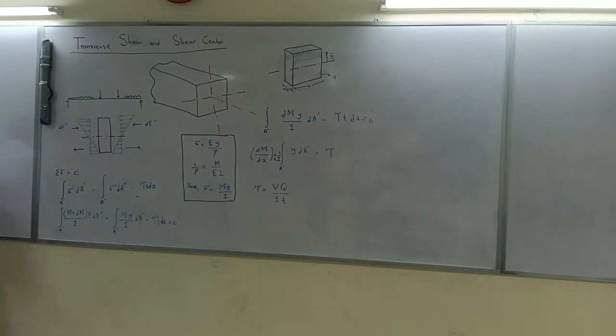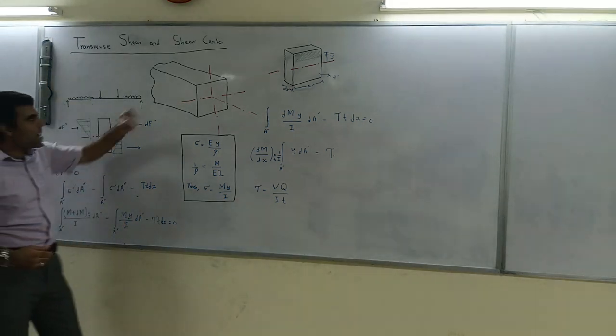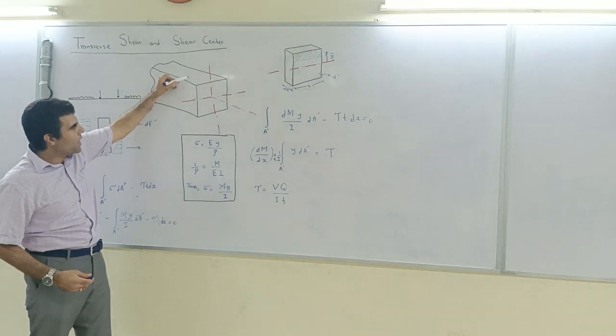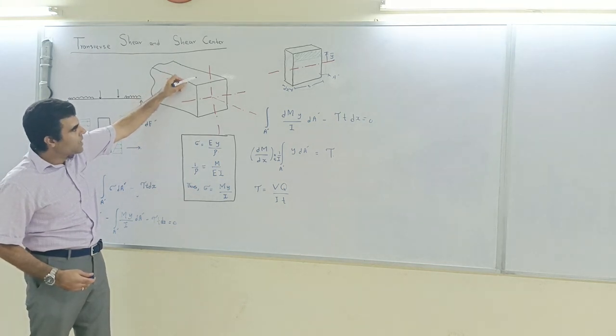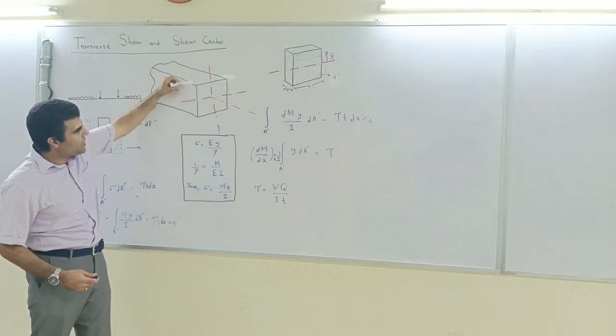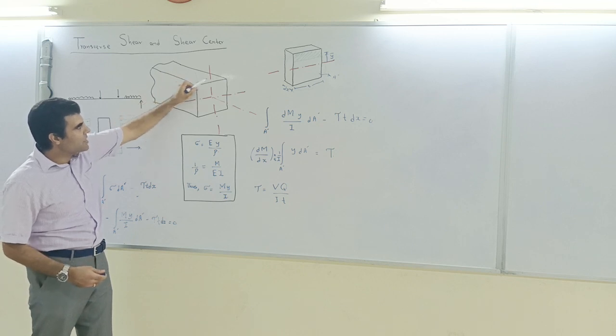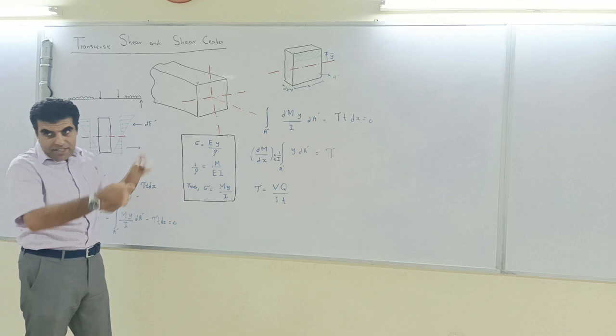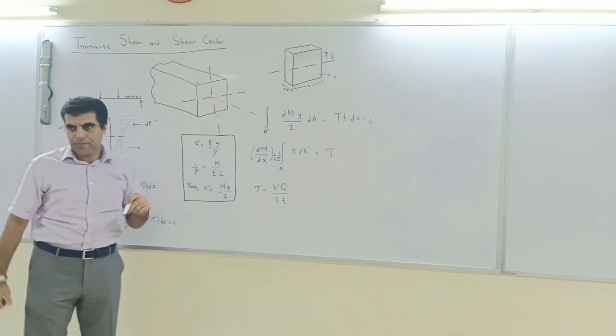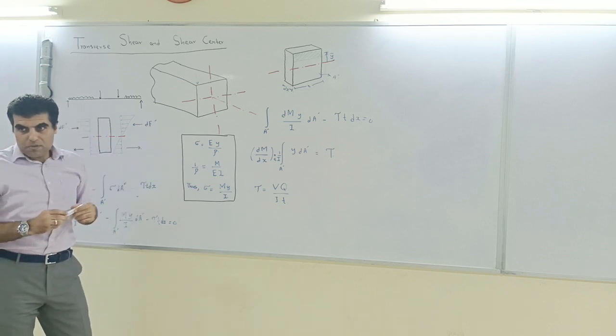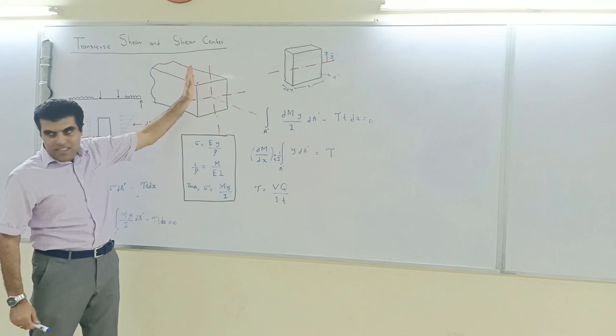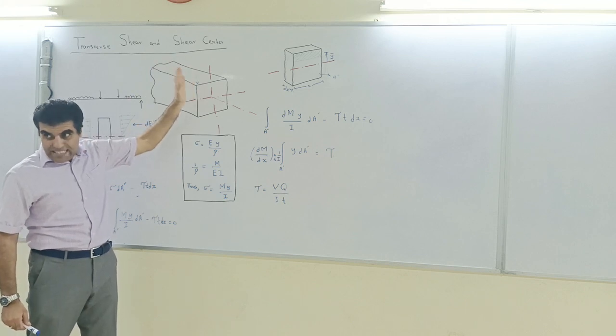Okay, so in other words, if I apply load over here, in this direction, what will happen? This will make a lever arm and this section can twist. So I can't apply load in this direction. Why?